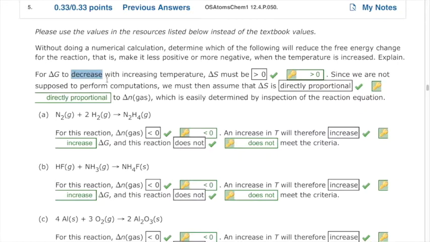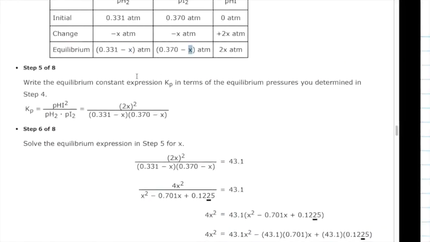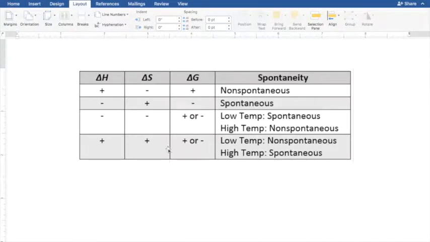So for delta G to decrease with increasing temperature, for something to get more spontaneous as temperature increases, delta S must be positive, because processes where delta G is dependent on temperature are either when delta H and delta S are both negative or both positive.